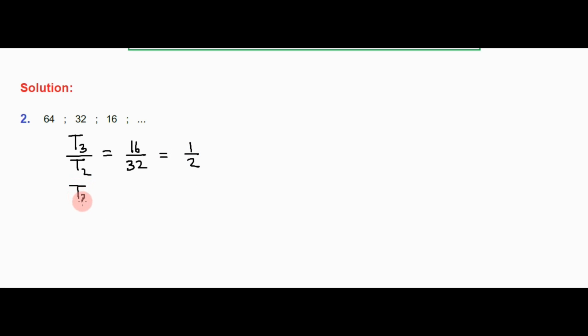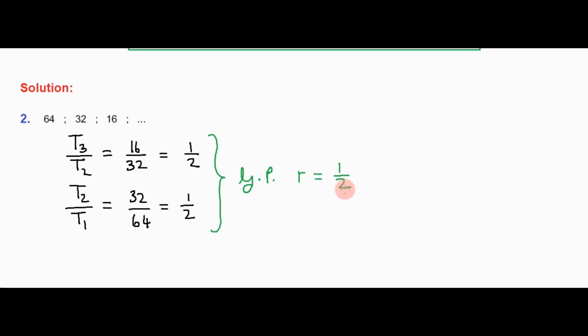And term 2 divided by term 1 is 32 divided by 64, which is also a half. So once again, we can see that this is a GP with common ratio R, in this case, equal to a half.